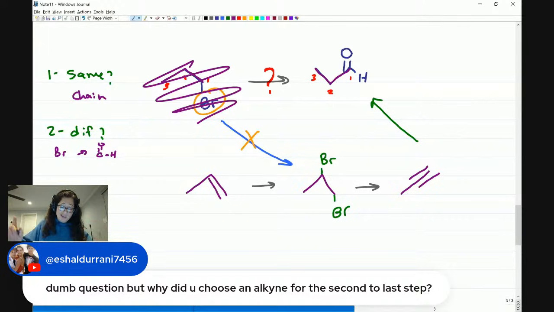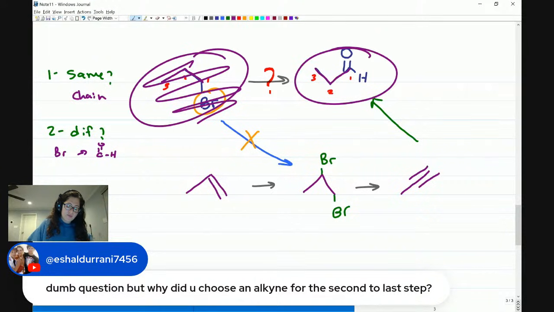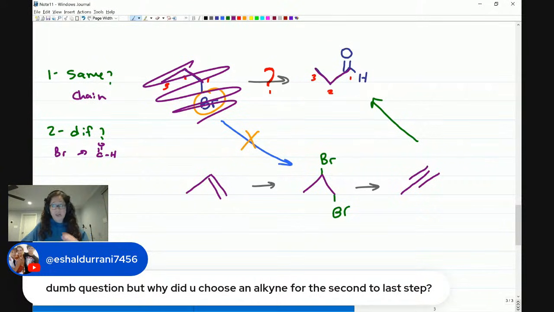Very good question. Definitely not a dumb question. I was trying to figure out how to come up with a product from the reactant, and I did not know that reaction. And so I asked myself, of all the reactions that I do know, is there one that allows me to take anything whatsoever and get a carbonyl out of it and get an aldehyde?